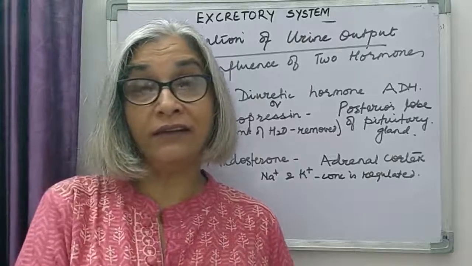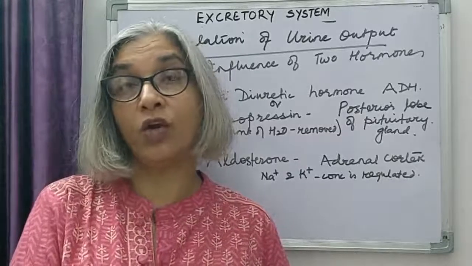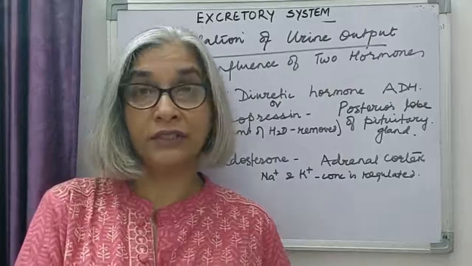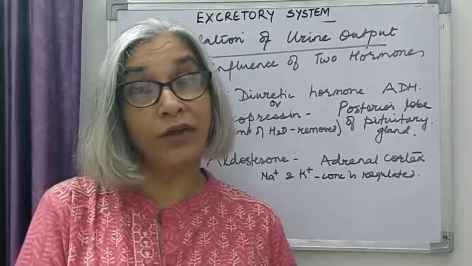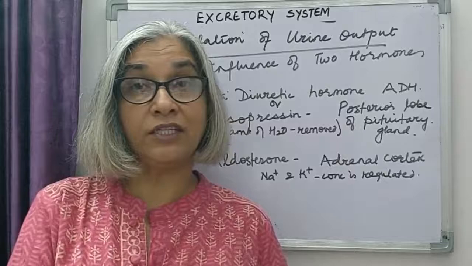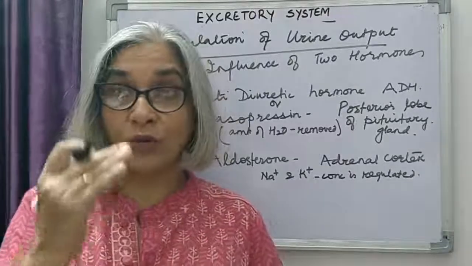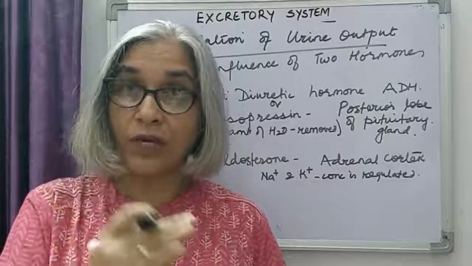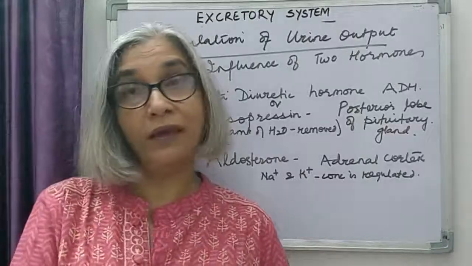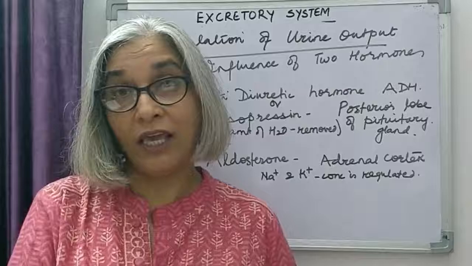Therefore, it is said that one should drink a lot of water during summers, because when water is absorbed in the kidney tubules, along with water, urea is also absorbed. Some amount of urea is also absorbed by the kidney tubules.